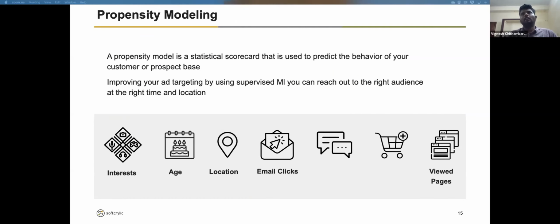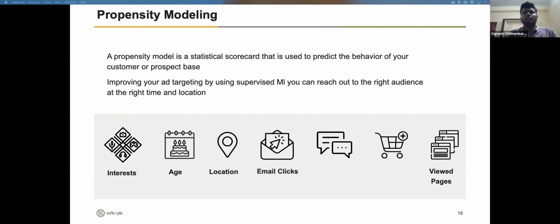Now we are going to see one of the use cases, that is propensity modeling. A propensity model is a statistical scorecard that is used to predict the behavior of your customer or prospect base. Before going deep into propensity modeling, let's say you run an ad campaign and you have a 1% click-through rate.